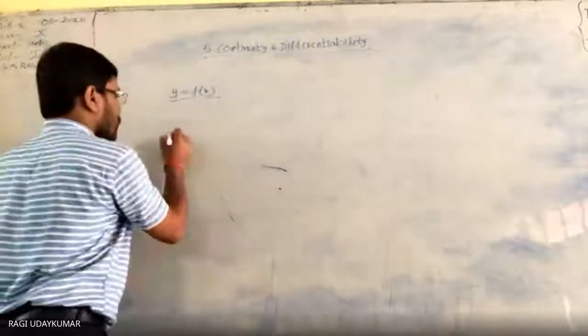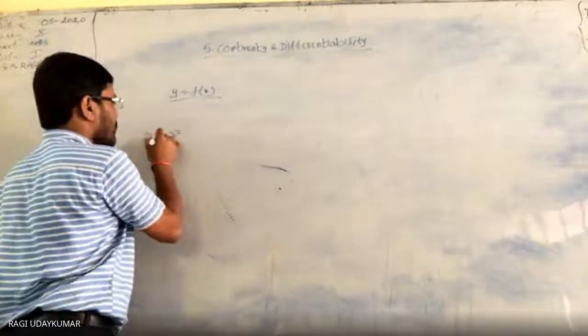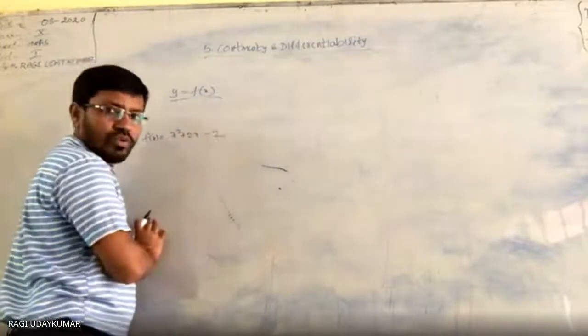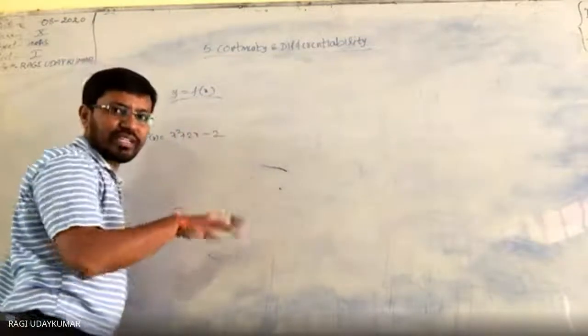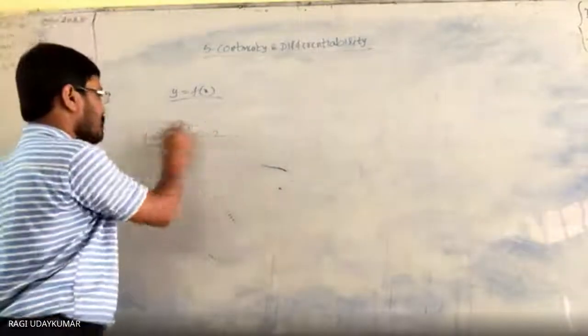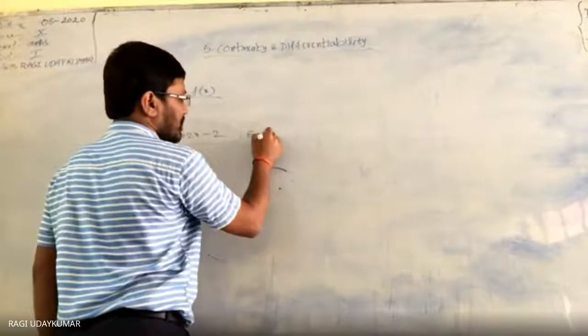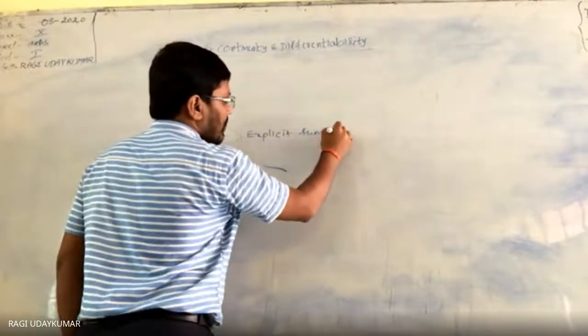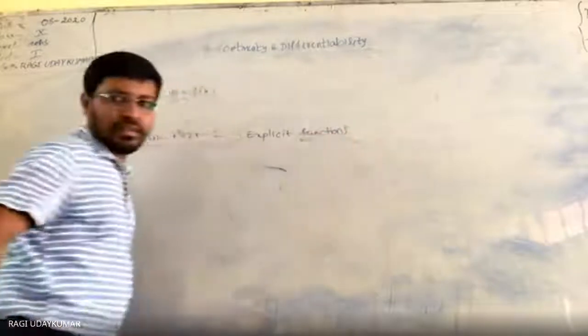For example, f of x is equal to x square plus 2x minus 2. These types of functions are called explicit functions.